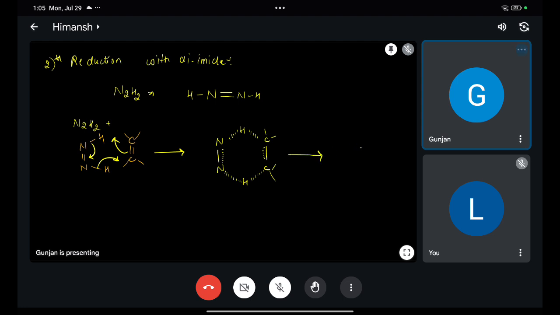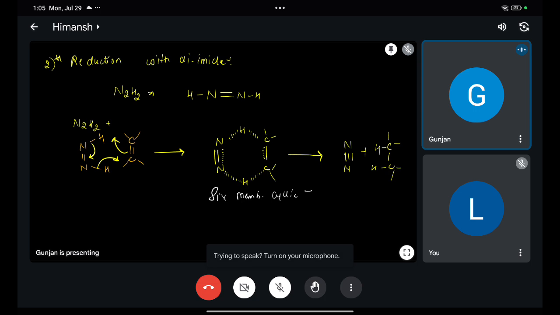Finally, nitrogen creates a triple bond with nitrogen, N2, plus this carbon double bond carbon gets attached with these hydrogens. Is it clear to you or no? Yes, ma'am, clear, ma'am. Cyclic transition state.